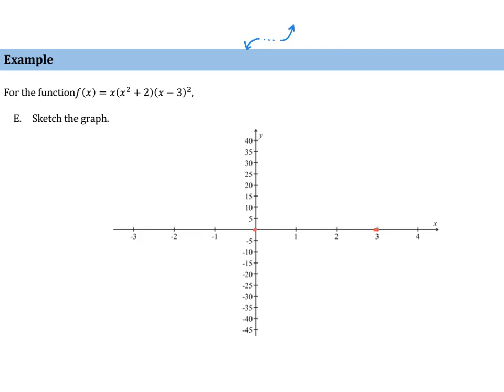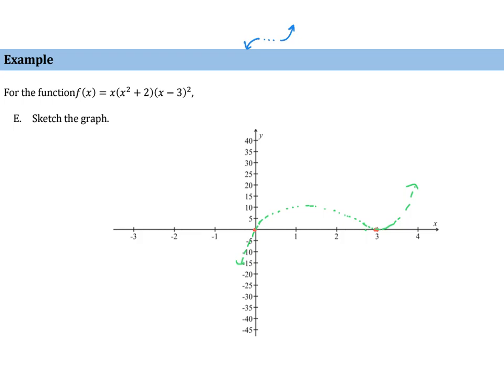Now we know that at 0 we are going to cross, and we have to obey this end behavior. So we must be coming from down below, and then we're going to come up, and then we're going to go to our 3, and then at 3 we're going to touch, and we're going to go up. So notice how that obeys the end behavior.